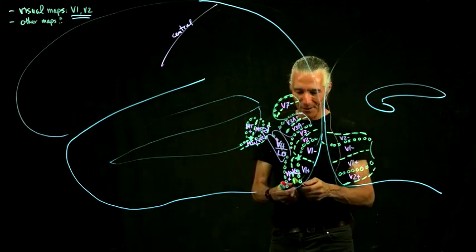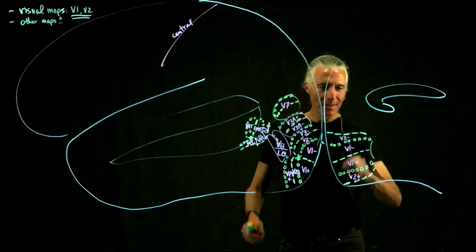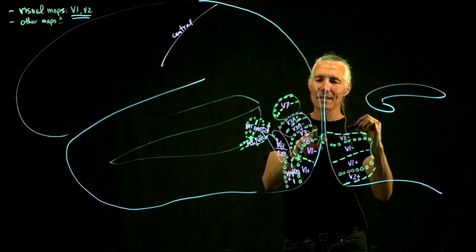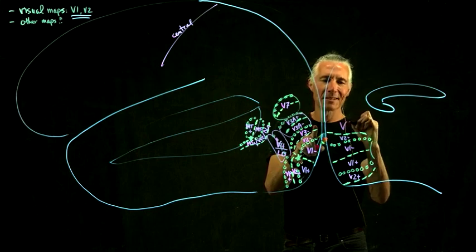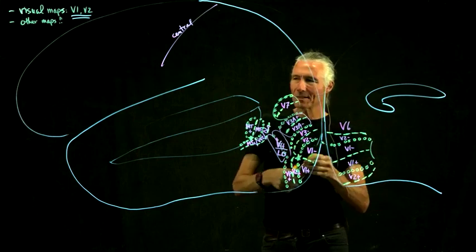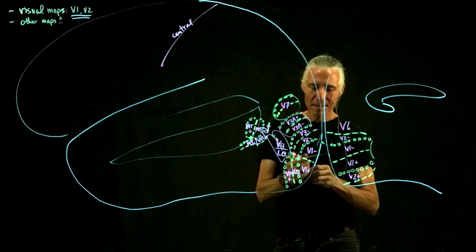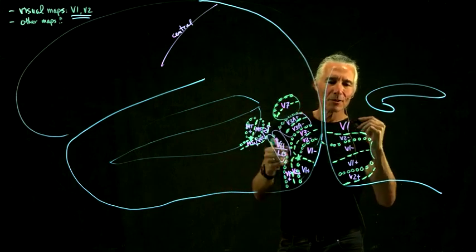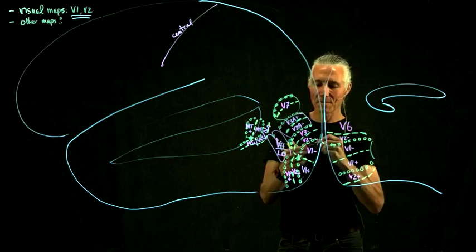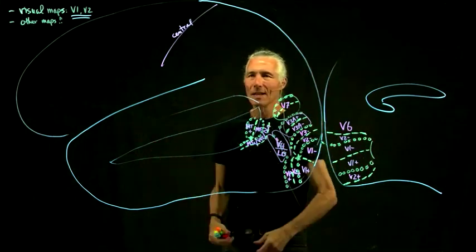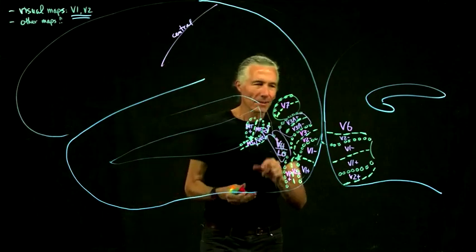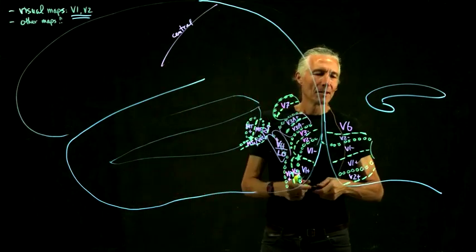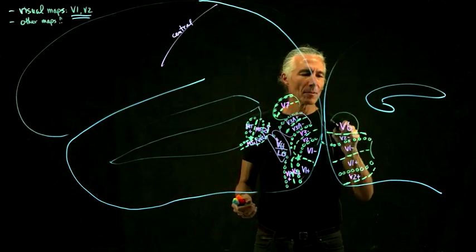Well, it turns out there's a nice area sitting just past V3 called V6. And that area is very sensitive to large movements, like when the whole world moves. Like as you walk through the world, the whole world is moving. That area is very sensitive. It's got an upper and a lower field part.